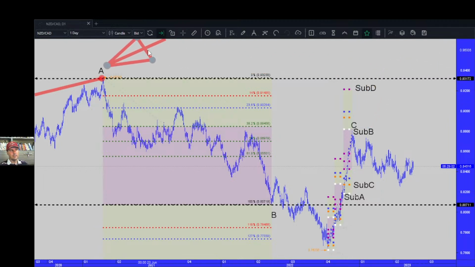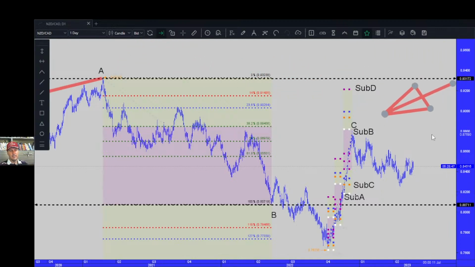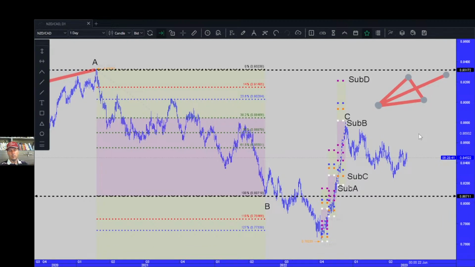Sub D is not above the A. Broto, listen up. If the market is going to fulfill the contrarian Fibonacci, it is not going to break the A. Okay? Everybody, if you need to, ask for help. Study between you, everybody. Form a group, study charts.